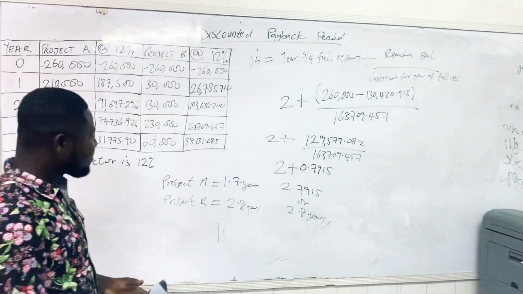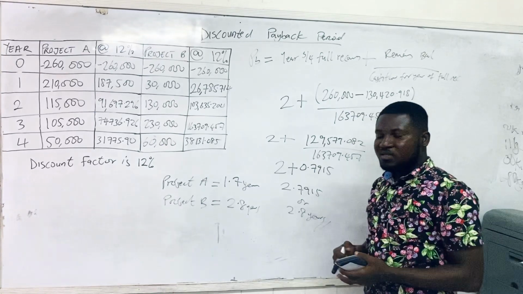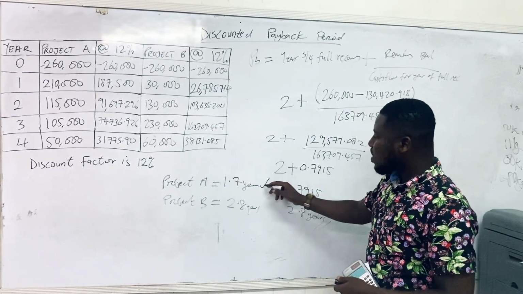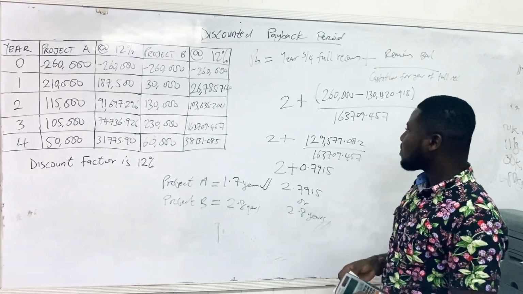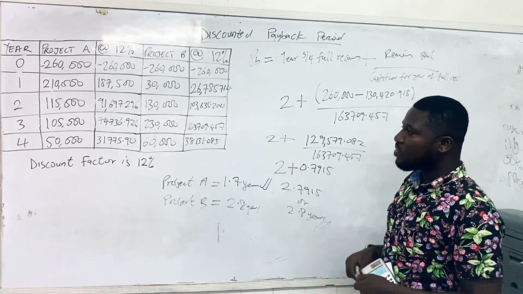And so, taking the rule into consideration, we say that Project A is more attractive, hence we would have to accept Project A. So that is that for the discounted payback period.